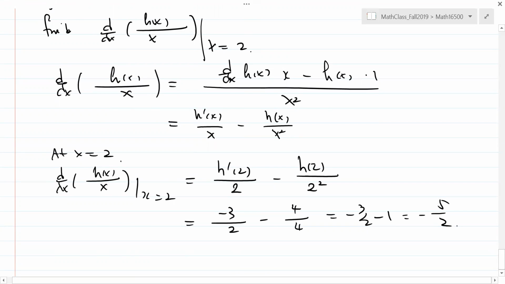That is it. You don't need to know the exact value, you don't need to know the formula for the derivative for the function.